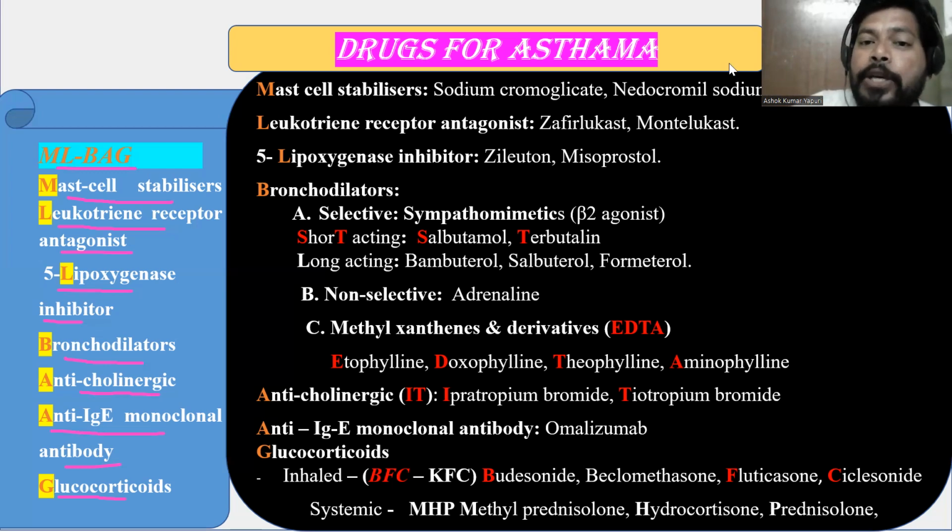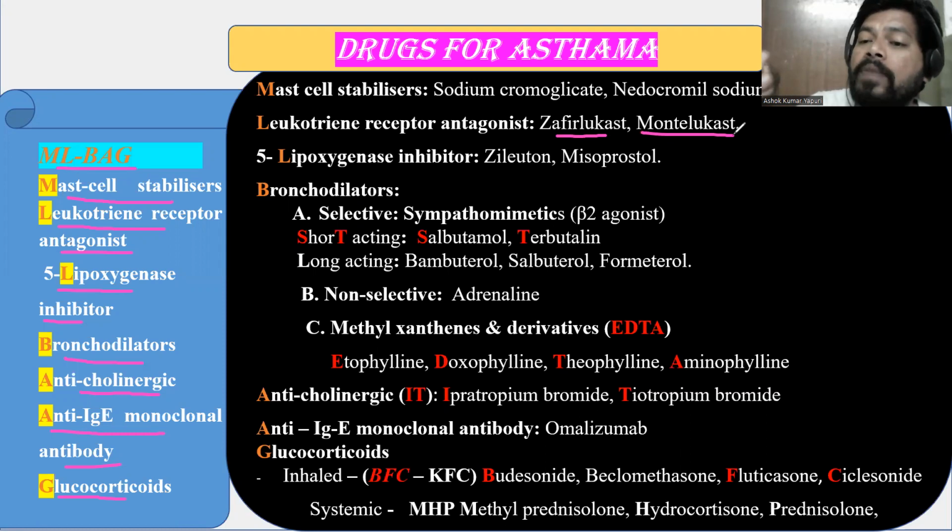And next one is leukotriene receptor antagonists. These drugs are used to block the leukotriene receptor to prevent the binding of leukotriene. Drugs like zafirlukast, montelukast are the cysteinyl leukotriene receptor antagonists.